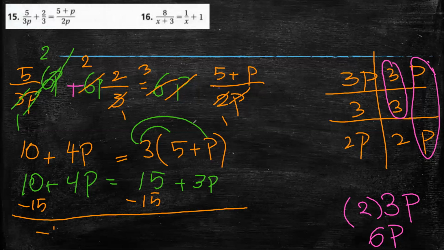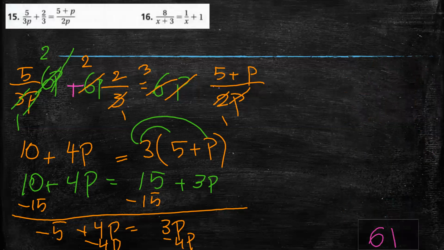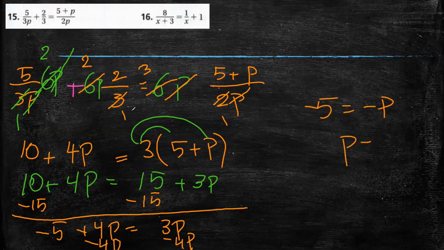You have -5 plus 4p is 3p, minus 4p on both sides. So now you get -5 is equal to -p. So negative 5 is negative p, so p will be 5.